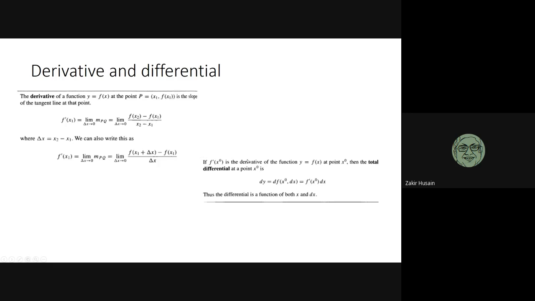Differential. If f prime of x0 is the derivative of the function at point x0, then the total differential is dy equal to f prime evaluated at x0 times dx.